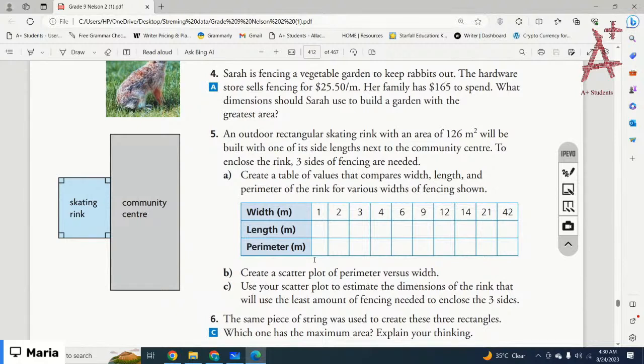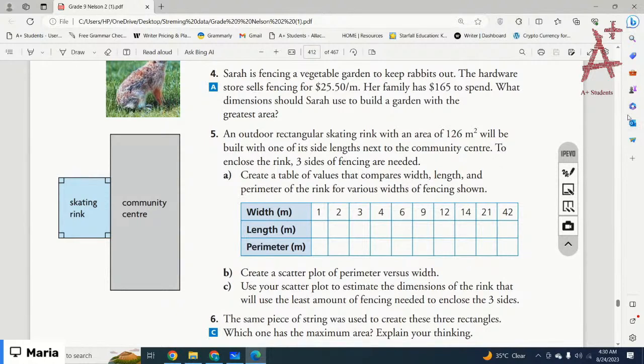So the area of a rectangle is the product of length times width, isn't it? So if the rectangle has a width of 1 meter, then the length of the rectangle is the same as 126 meters, right? Since it is specified that the area is 126 square meters.